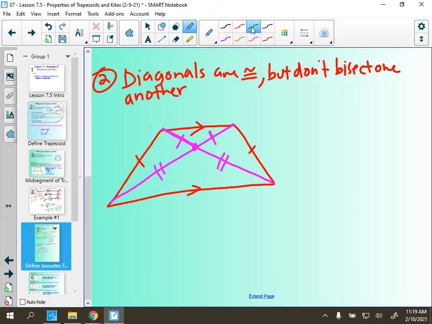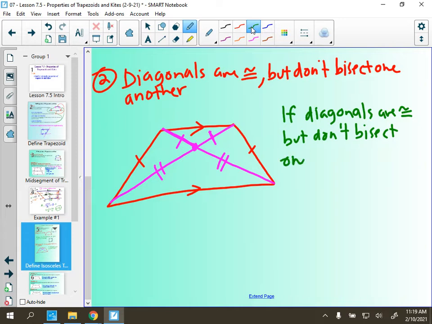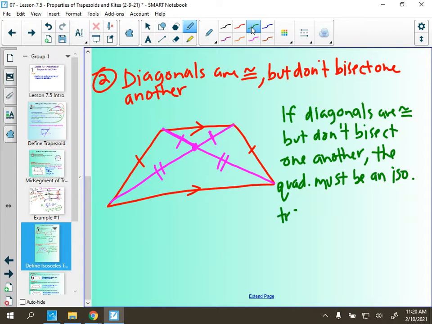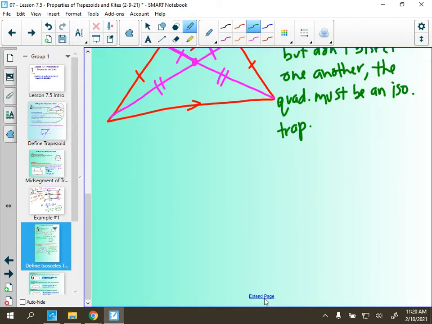We're just kind of rewording it, but if diagonals are congruent but don't bisect one another, the quadrilateral must be an isotrap. All right, so that still kind of comes back to that same idea.